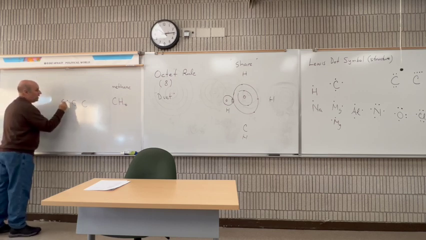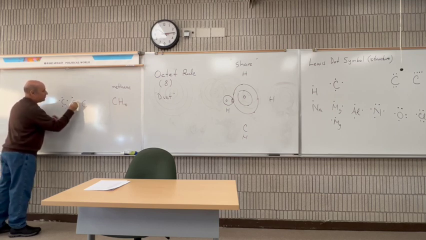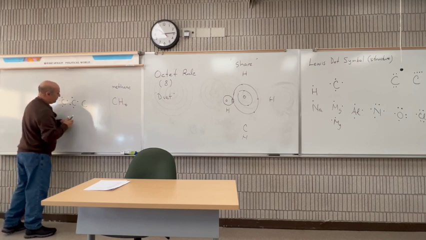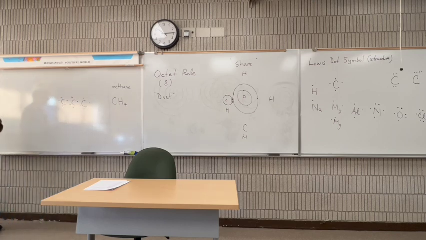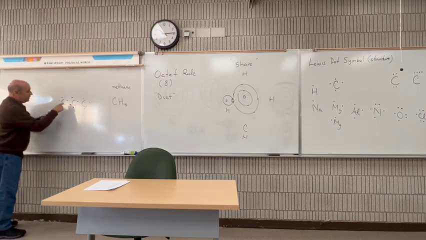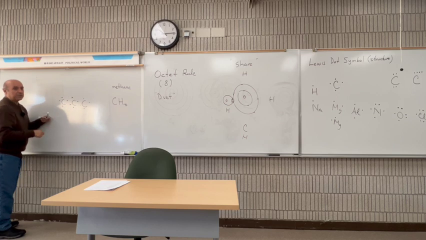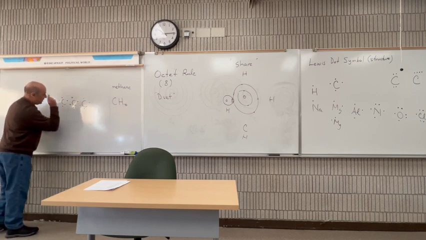So 1, 2, 3, 4. 1, 2, 3, 4. And then maybe I'll do 1, 2, 3, 4. These 2 right here are going to be shared. So keep that in mind.